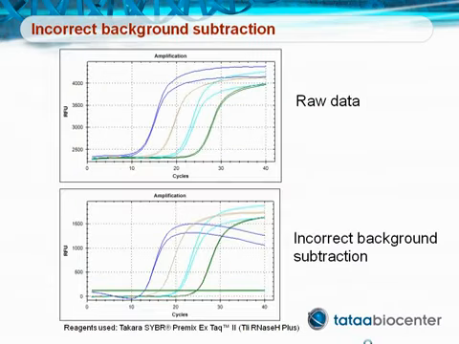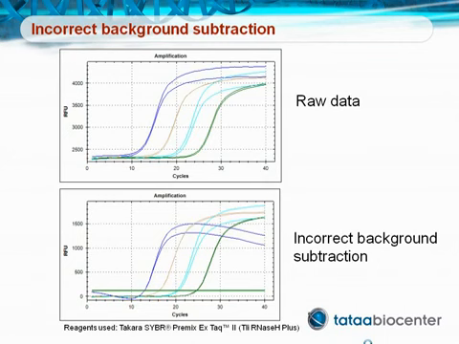One reason for strange shape of an amplification curve can be wrong background subtraction. In this case here, in the lower graph, you see a couple of curves from these SYBR Green-based reactions that are a little tilted. The fluorescence in the end is decreasing instead of being constant.